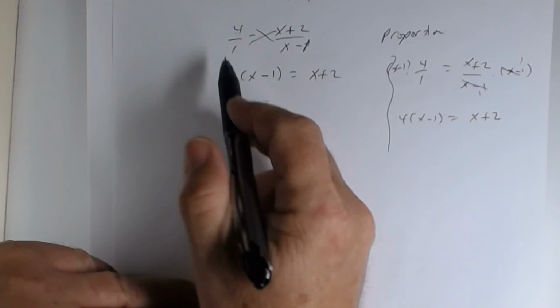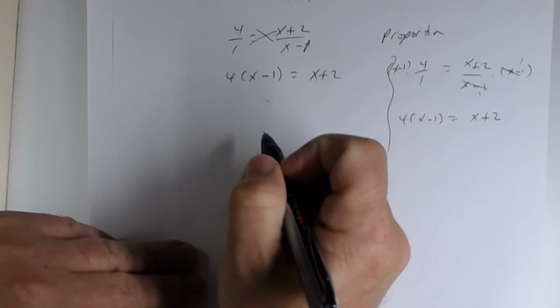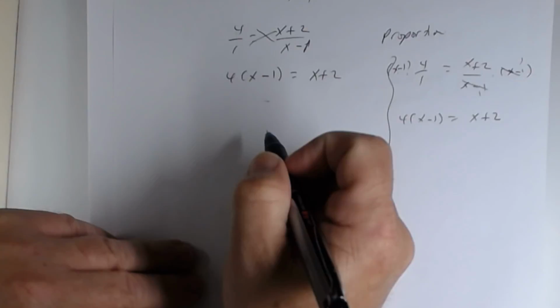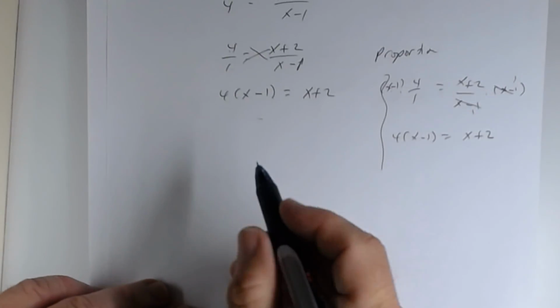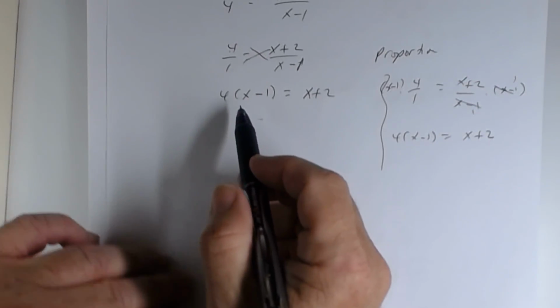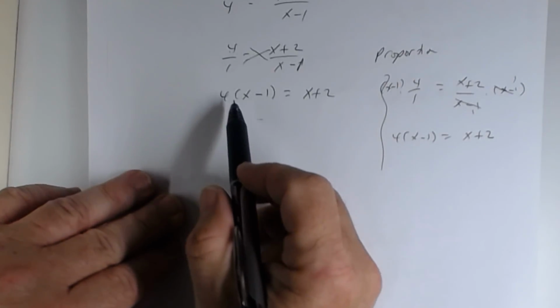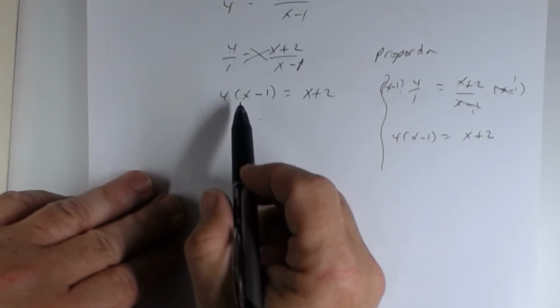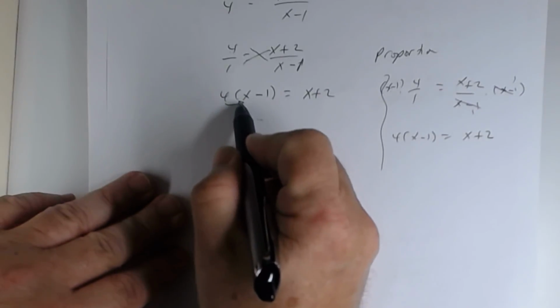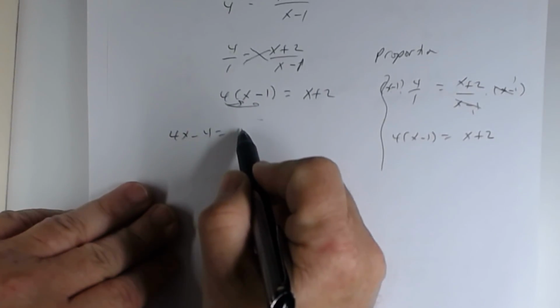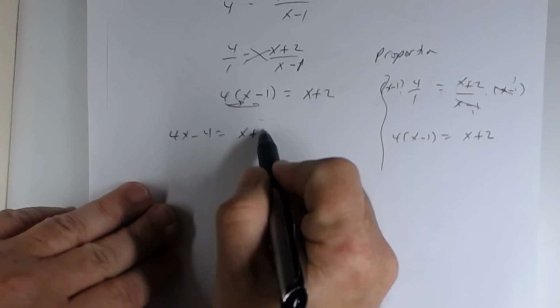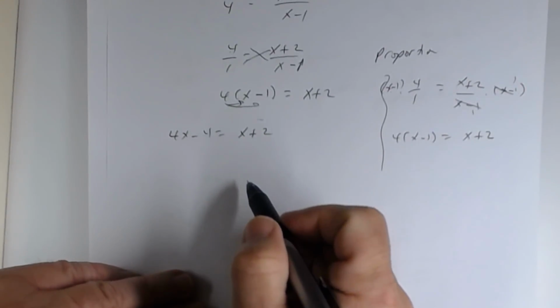All right. And then what kind of equation is this? Linear. All right. What are you going to do here? Distribute. So what do you get? 4x minus 4. What kind of equation is this? Linear.